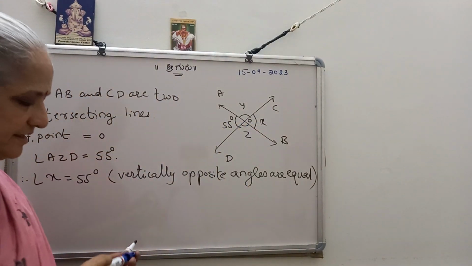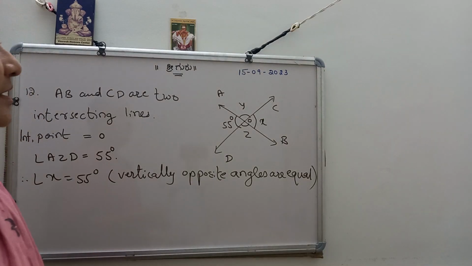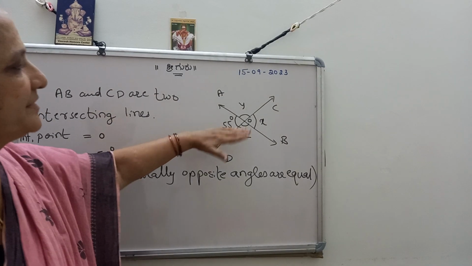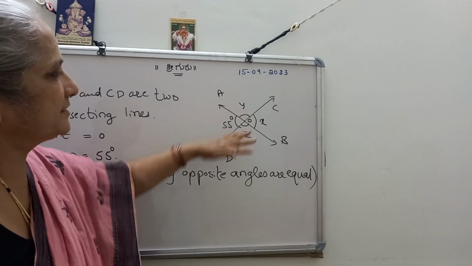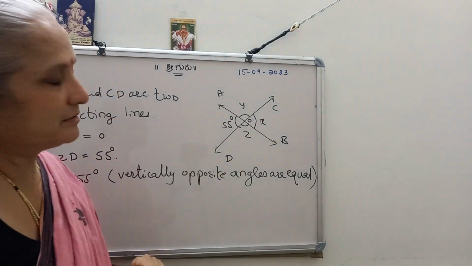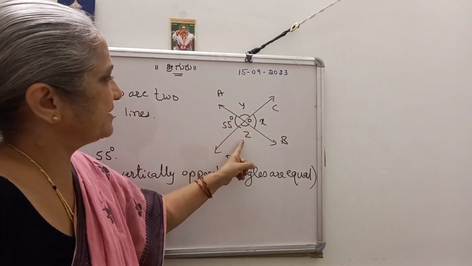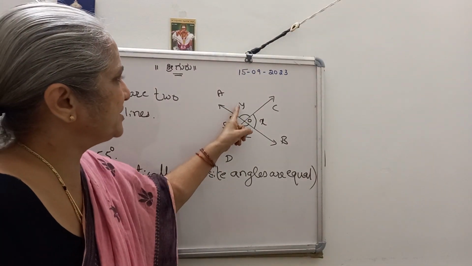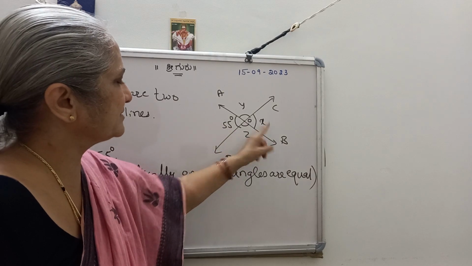O is the vertex here. At that point, four angles are formed when two lines intersect. Opposite to each other, and the y and z are opposite to each other. Therefore, these two angles are equal and these two angles are equal.